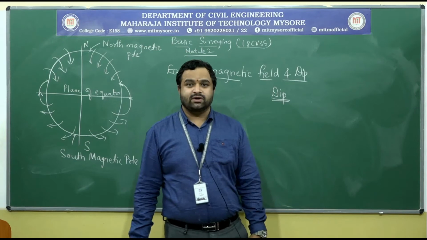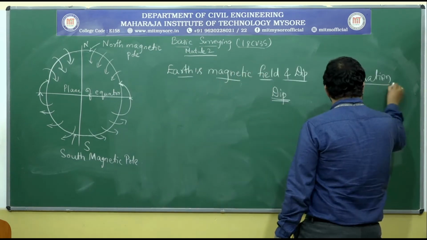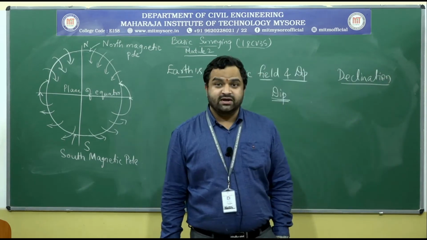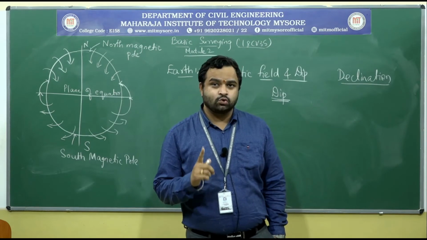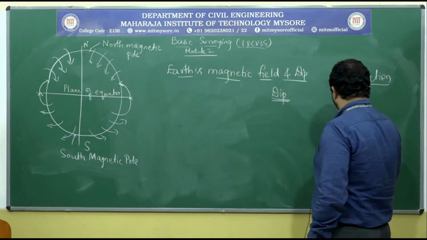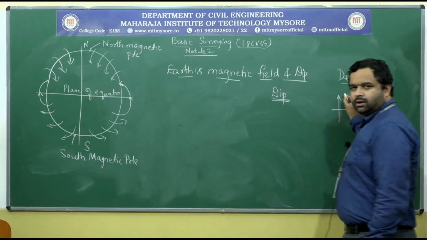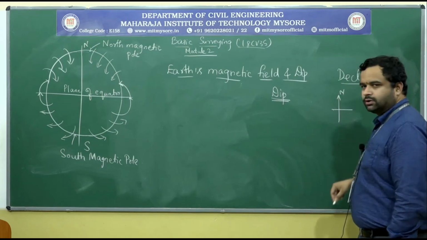Now let us understand what declination is. All important surveys are plotted with reference to the true meridian, the arrow mark I was writing here as north.